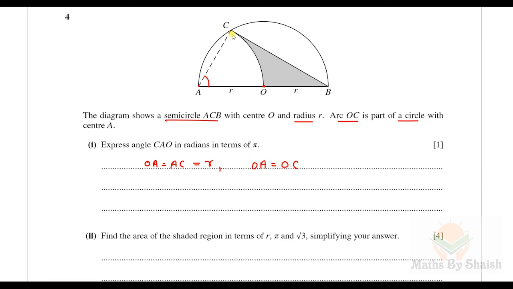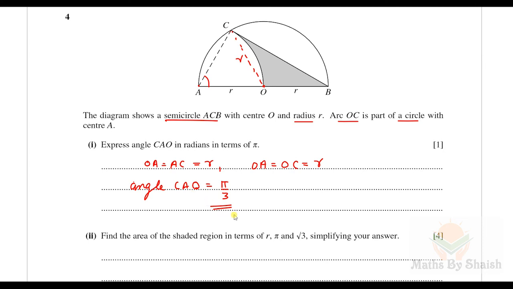If we join these two points, we'll get a line that would also be R because it's a radius. In this way we can say that triangle CAO is an equilateral triangle, and all the angles of an equilateral triangle are going to be pi by 3. So CAO is pi by 3.